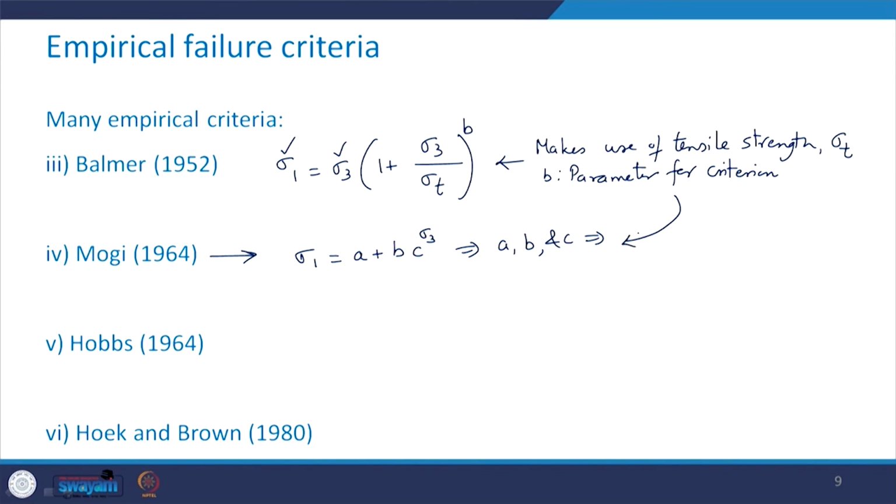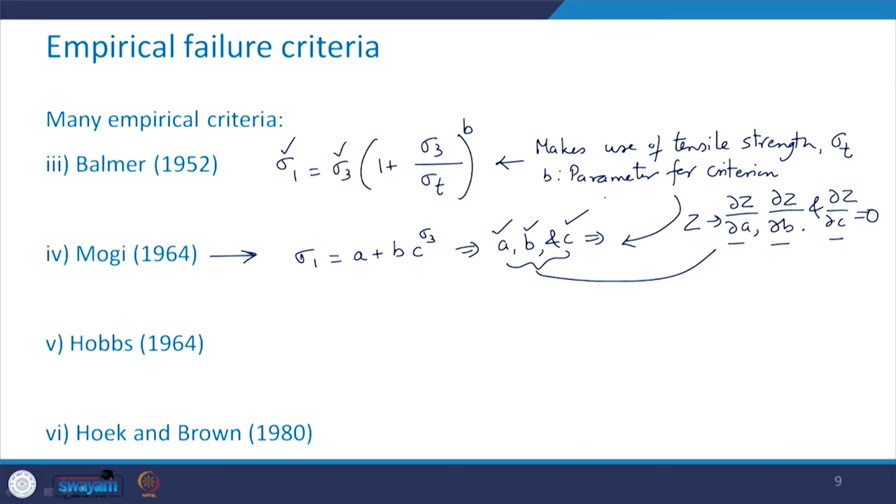So in this case whenever you define the error, you will get del z del a and del z del b and del z del c. All these three you have to equate to 0. So you will have three equations and these three unknowns. So you will be able to obtain these three parameters a, b and c.